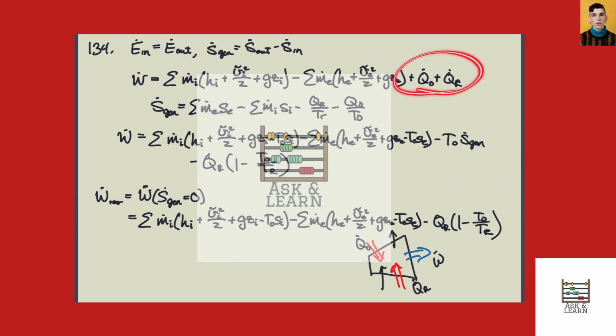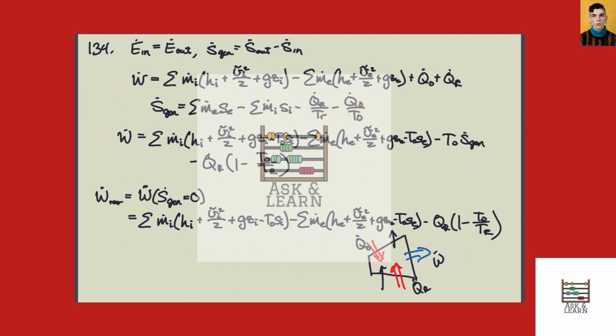And then we have the rate of heat transfer, and this would be positive in. Now for the entropy generation, again, we have the flow of entropy out minus the flow of entropy in, and then the rate of, I think I forgot some dots here, the rate of entropy flow from the heat transfer across these temperatures here.